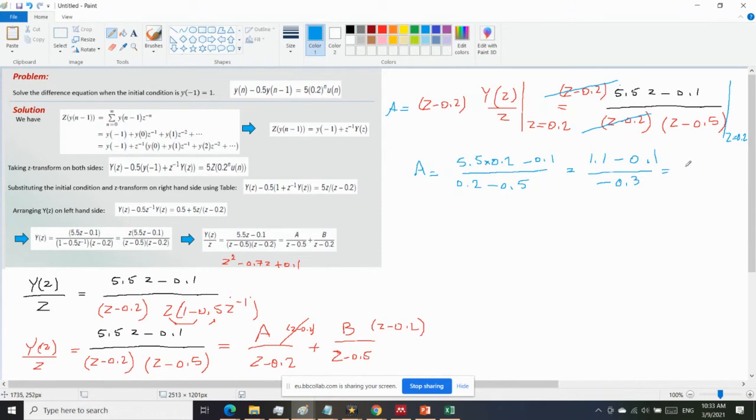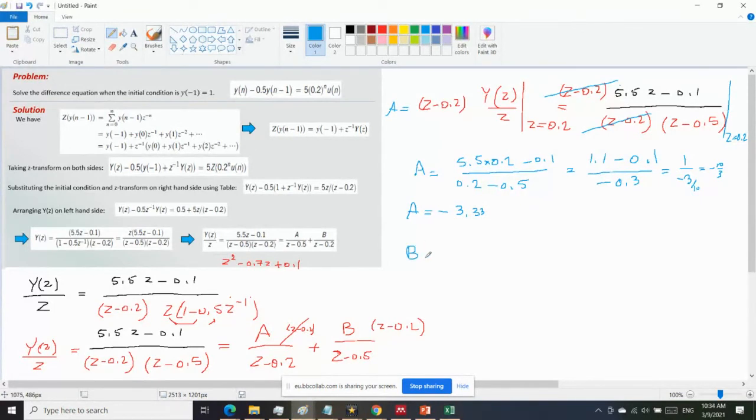So this is basically 1 over minus 0.3, which is minus 10 over 3, which is about minus 3.33.